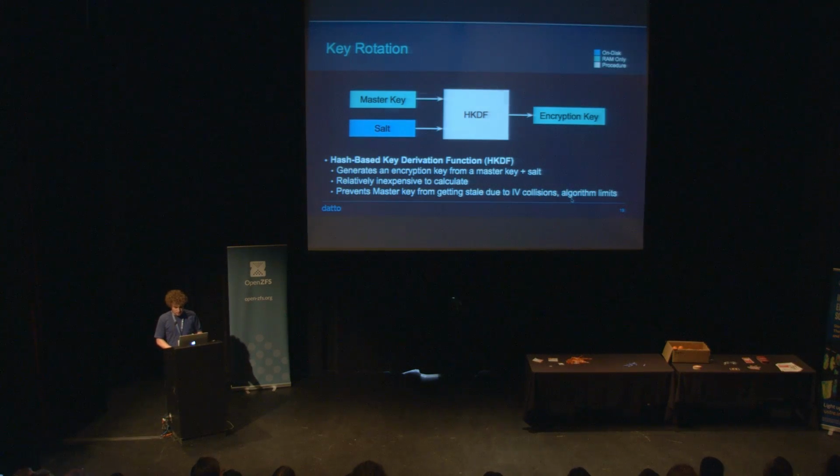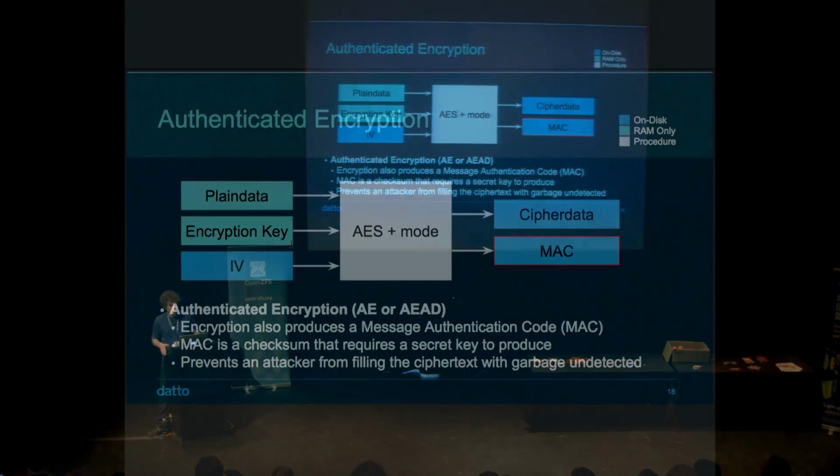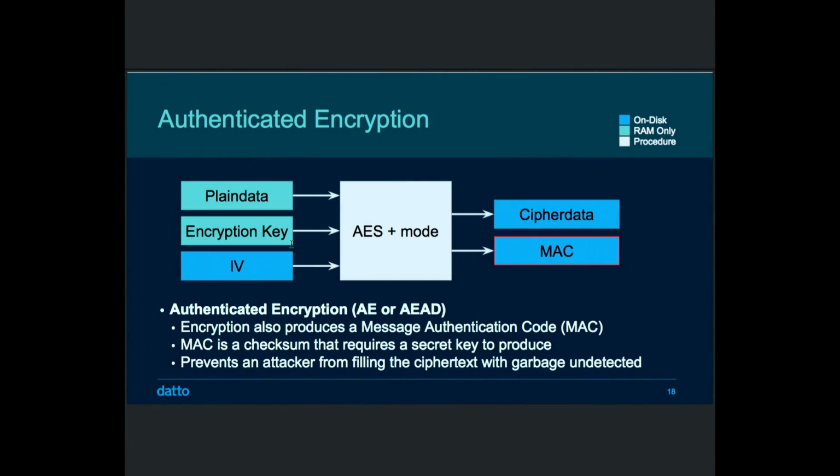So the next thing that we want to add in here is, if you look at this encryption key, if you remember before, I was talking about the IV, and what I said is that the IV is limited to 12 bytes. 12 bytes is a lot of room for data, but here at ZFS, we promise to be able to store up to a zettabyte, theoretically, of data.